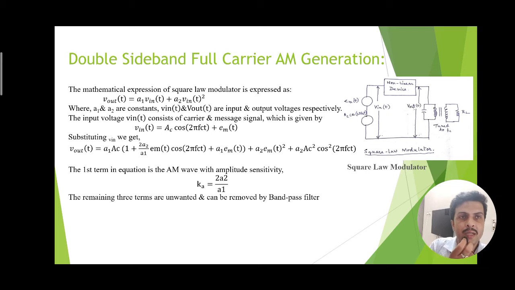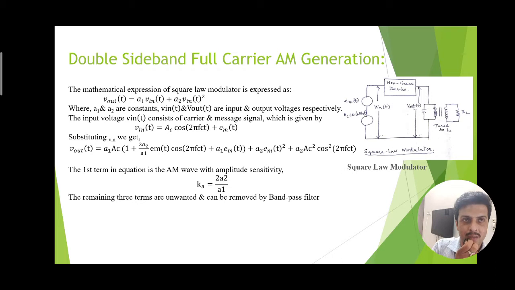Regarding the double sideband full carrier generation, the circuit shown on the right hand side is known as the square law modulator, in which the carrier signal, which is the AC cos omega ct, and the message signal source are taken in series, and their algebraic summation is applied to a nonlinear device such as a diode.